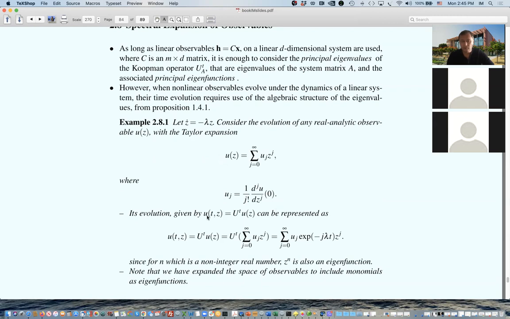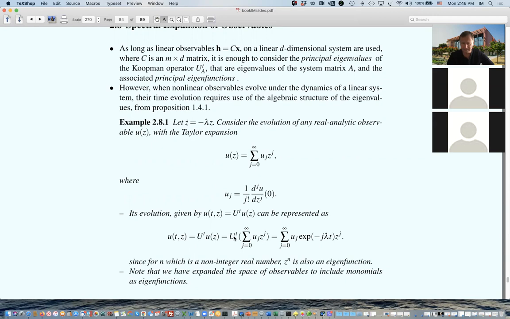So u_t(z), which is by definition the action of the Koopman operator U^t on u evaluated at z, is a new function that shows up at time t evaluated at state point z. That can be represented by the following calculation. So u_t(z) is U^t u(z). That's the action of the Koopman operator on u(z), which is this sum here.